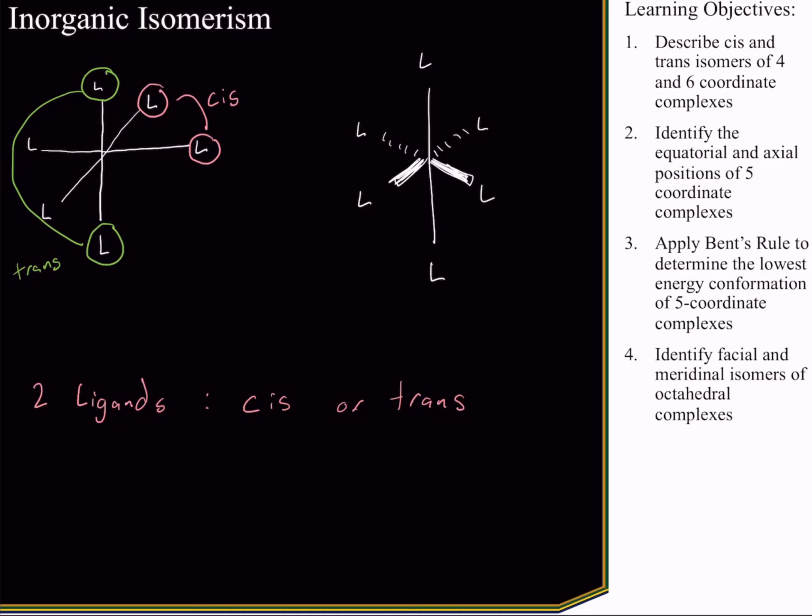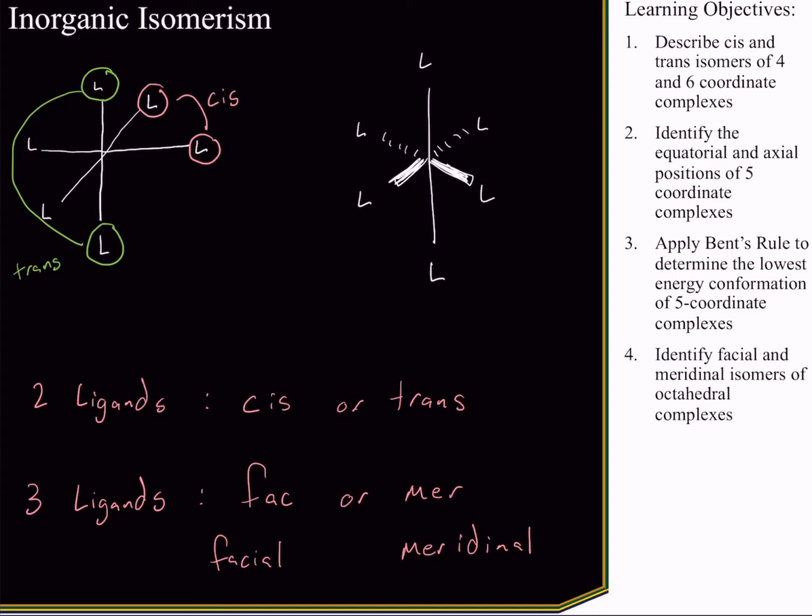Now, if we're going to be talking about three ligands here, we have FAC or MER. This is the facial isomer and the meridional isomer.